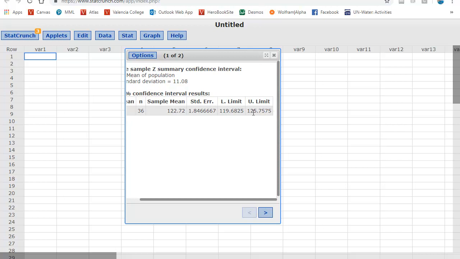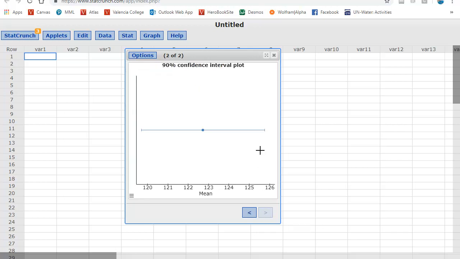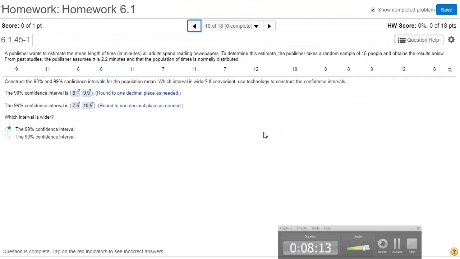And here's our lower limit and upper limit that will catch 90% of the data around the mean. And then here's the visualization of that. So here's my sample mean of 122.72, and then my lower and upper limits, about 119 and 125 as the upper limit.